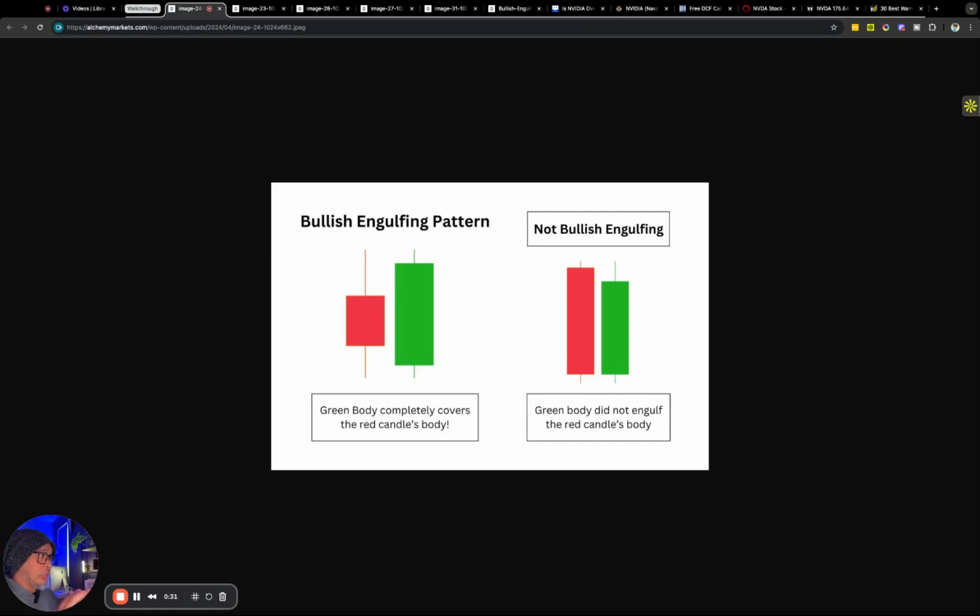Think of a naked chart, as the name implies, as a clean chart. So just the price action with no clutter. There are no moving averages, no oscillators, no extra lines, just the candlesticks or price bars. So the idea behind naked chart trading is that all the information you need is already there in the price itself.